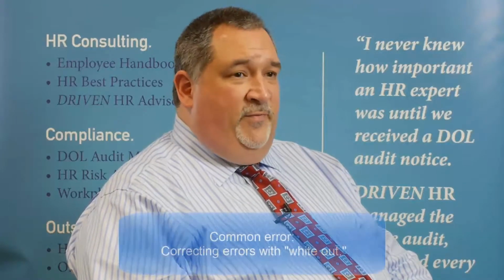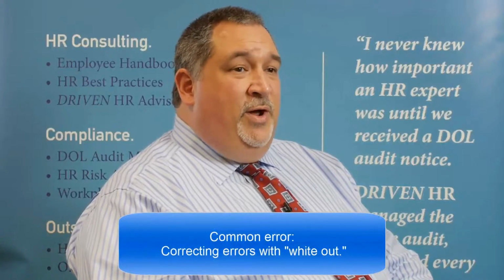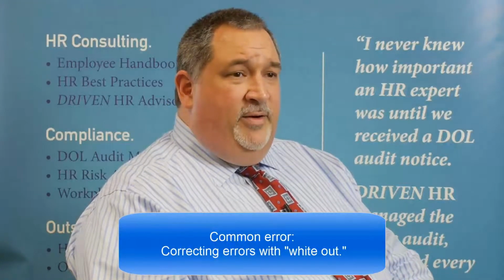Another change would be if the incorrect information were entered into the form. Instead of whiting out the form, what you would do is draw a single line through that error, make the change, initial the change, and then attach an explanation as to why the change was made, when it was made, and who made it.